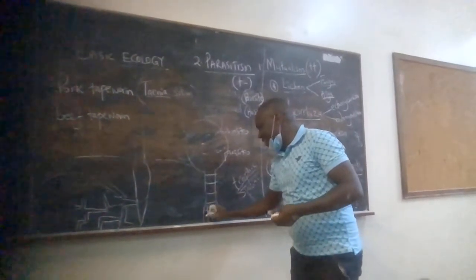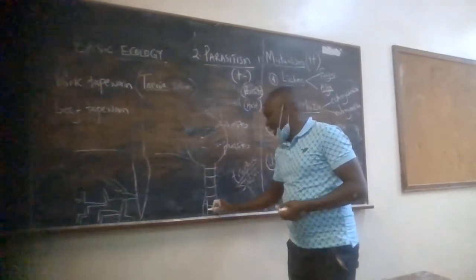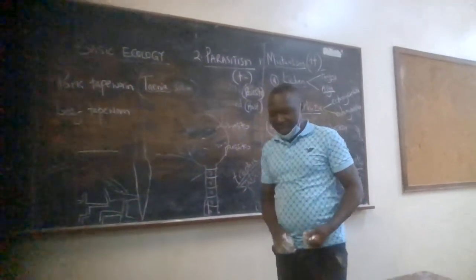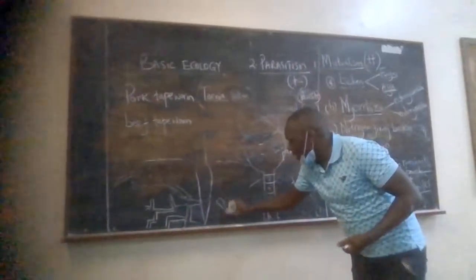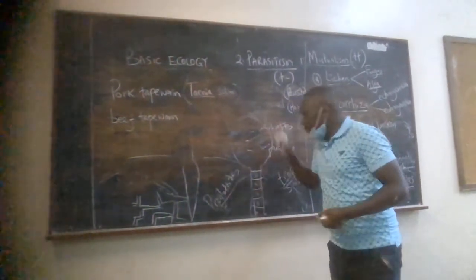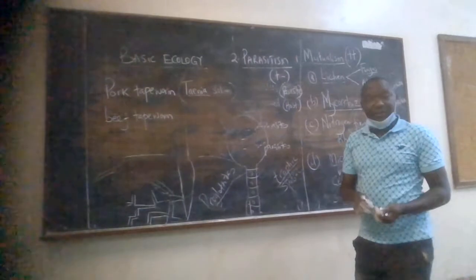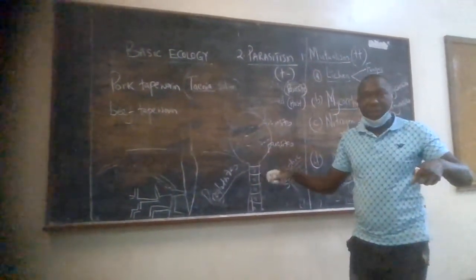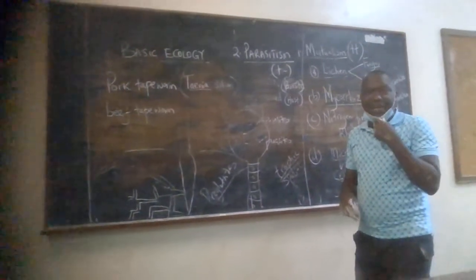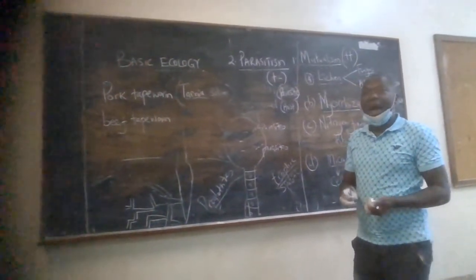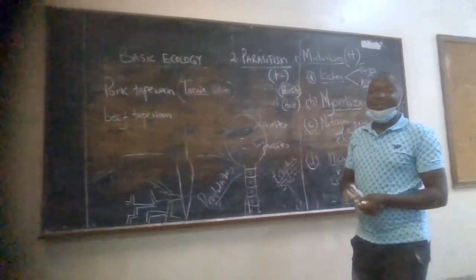Then it has a segmented body like this. It is found in the tissue of the pork which you consume, especially if it is half cooked or undercooked.